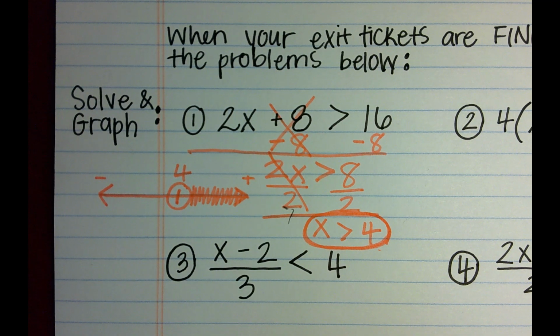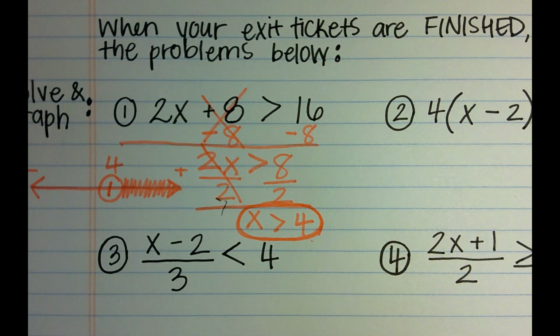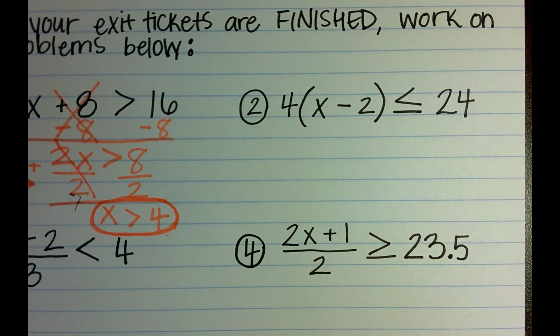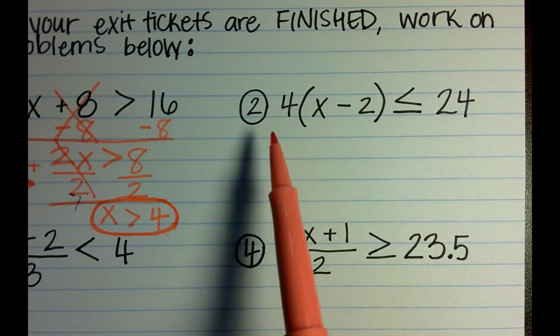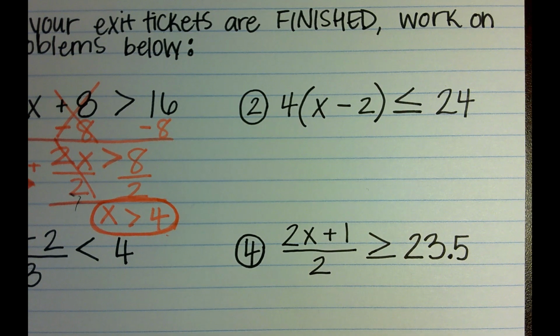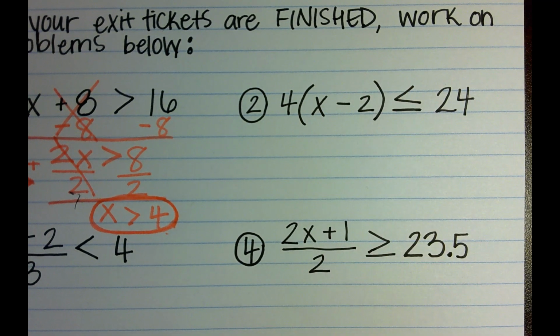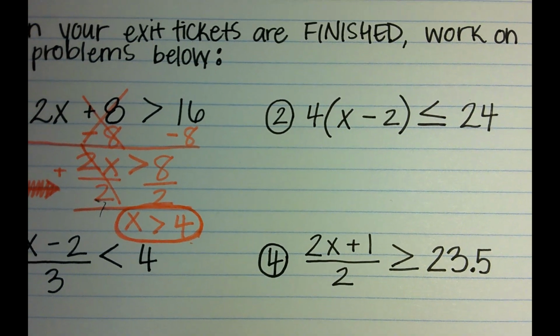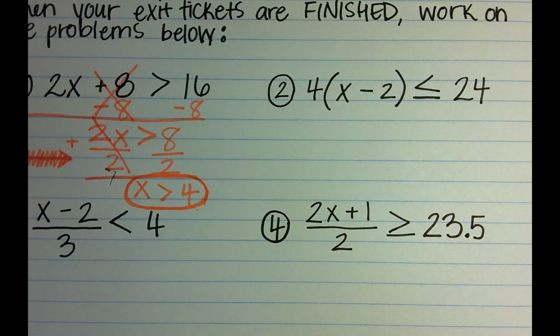Good deal. Okay, let's look at number 2. Remember, there are 2 different ways we could go about solving this one. If 4 times x minus 2 is less than or equal to 24, what should I do here? Who would like to guide me through this one?